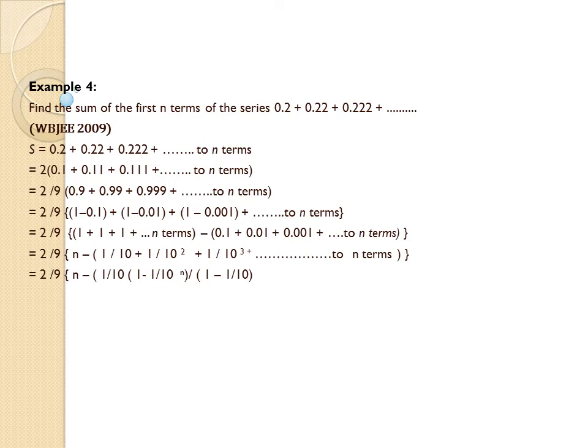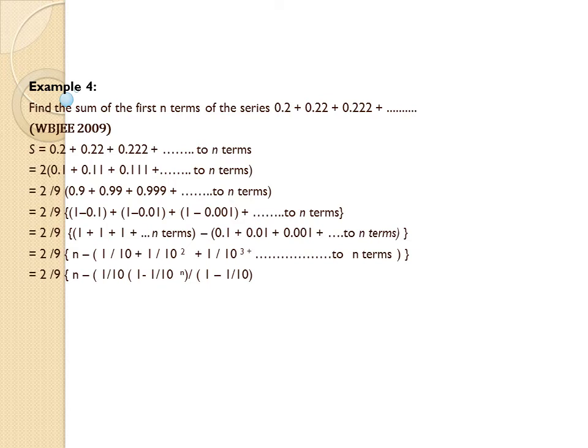From the GP series, I know the summation is a into r to the power n minus 1 divided by r minus 1. And if r is less than 1 and greater than 0, at that time I just put a into 1 minus r to the power n divided by 1 minus r.